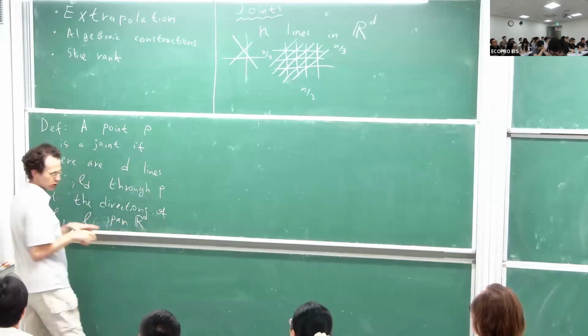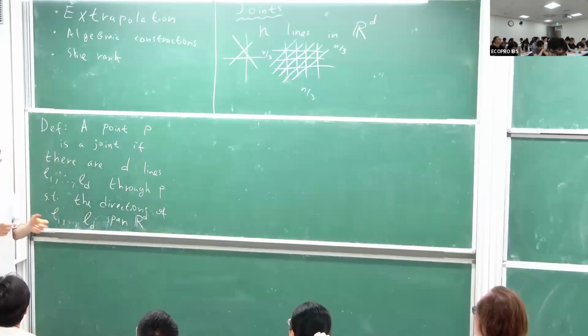So just look at the directional vectors: there are d vectors, and the condition is that they must be linearly independent.